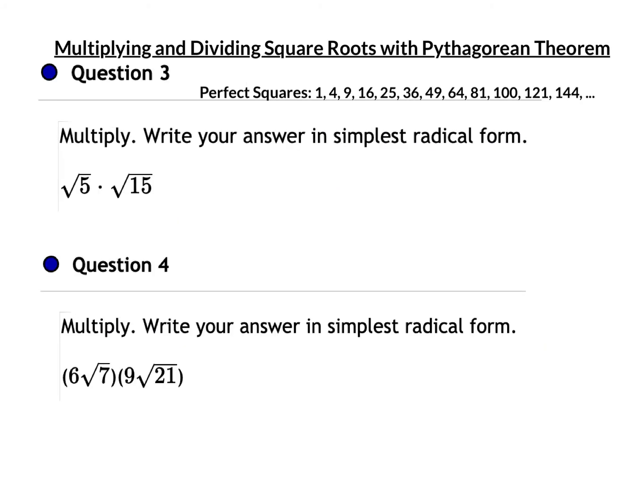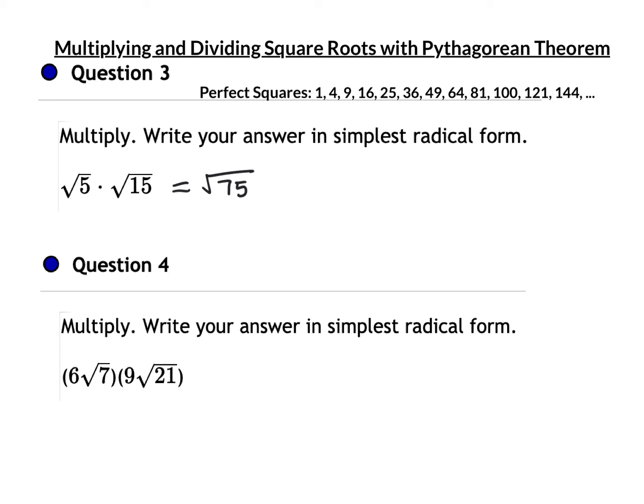The rest of this video is questions from your assignment. These first couple are review. Multiply. Root 5 times root 15 is the square root of 75. We're going to write this in simplest radical form. We need the largest perfect square in 75.